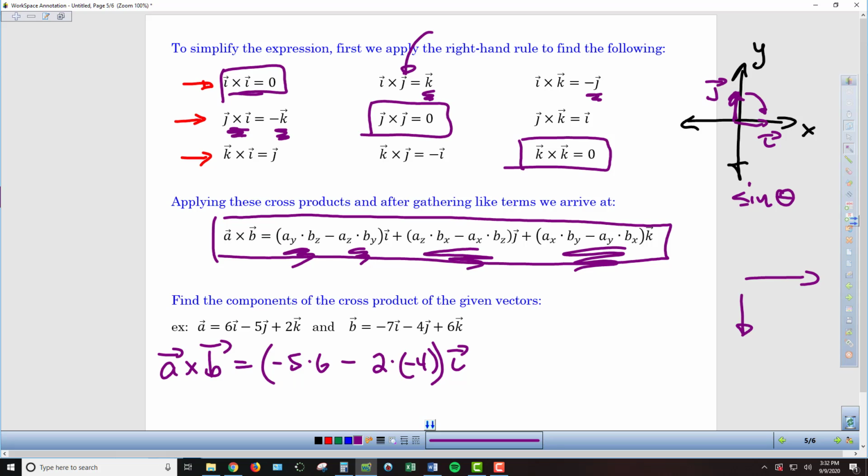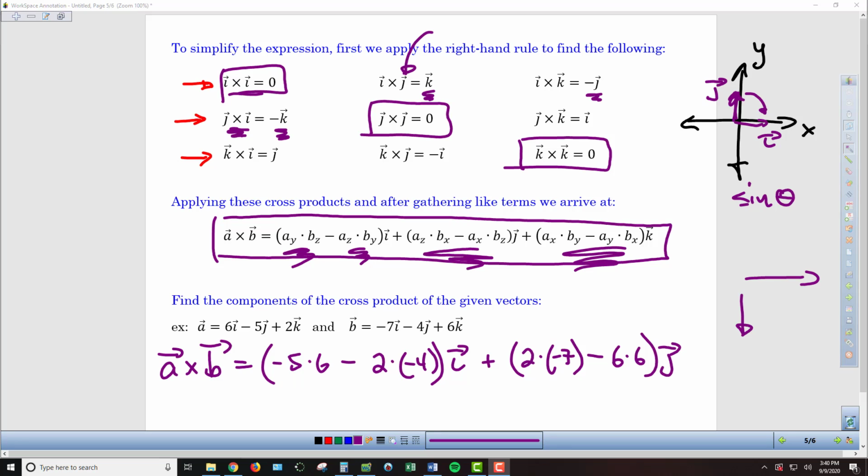I can now do the same thing for j. So the z component of a, 2, times the x component of b, negative 7, minus the x component of a, which is 6, times the z component of b, which is 6. So that's going to be times j.